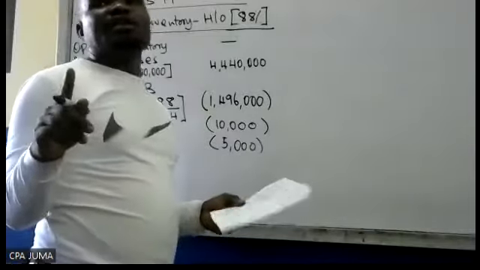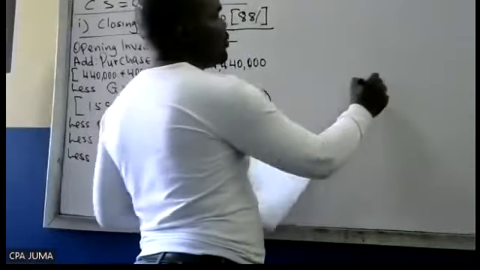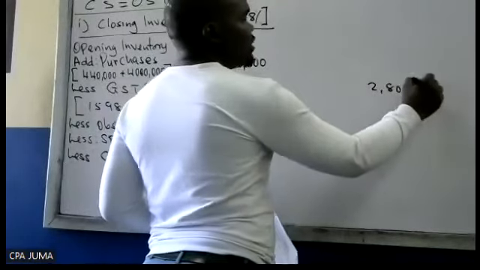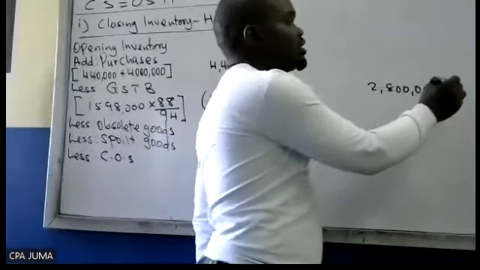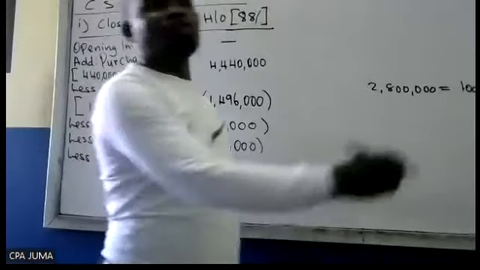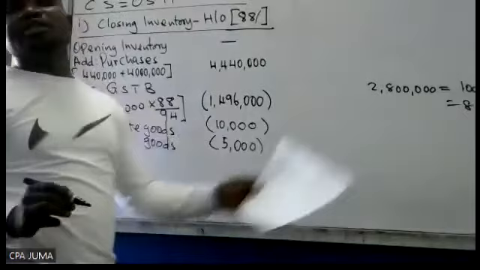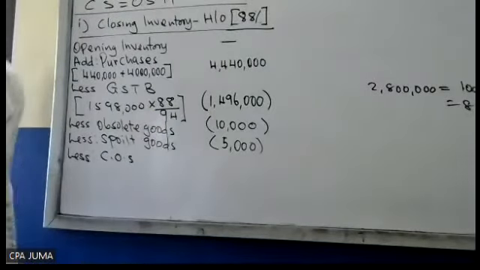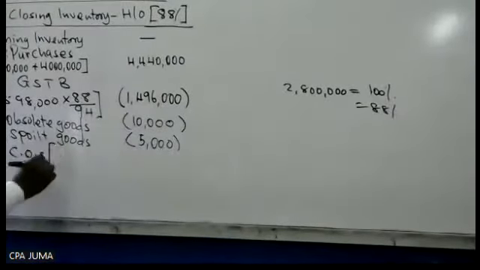Use the sales value. How much was the head office sales value? 2.8. But to outsiders, they were selling at what profit percentage? You sell to public at 100%. So what about 88? 88 is the cost. So you will say cost of sales will be 88 over 100 times 2.8.